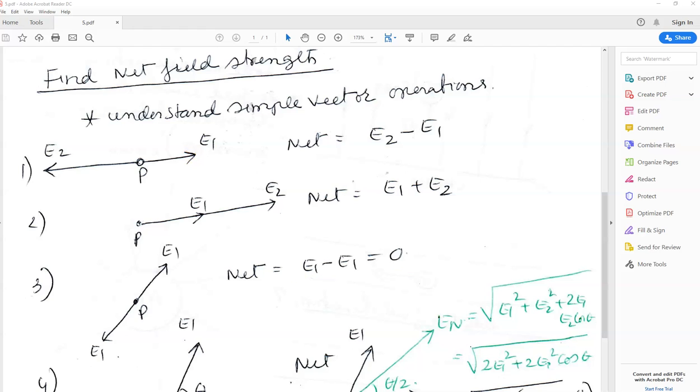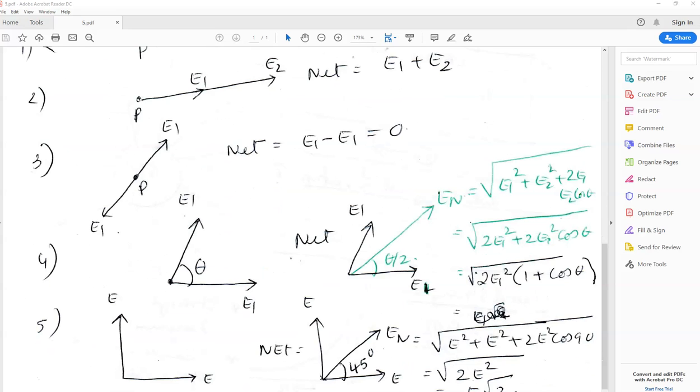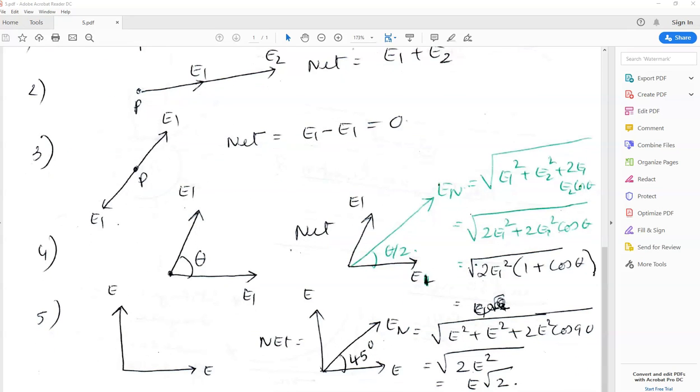Sometimes you will end up finding the resultant vector, and again you have to be a little bit good in the vector operations. Here I got two vectors with the same magnitude, E1 and E1, at an angle of theta. Obviously the net vector will start from here and lie in the middle.